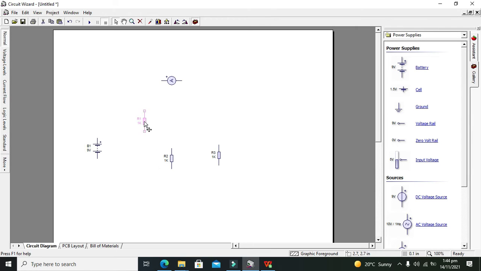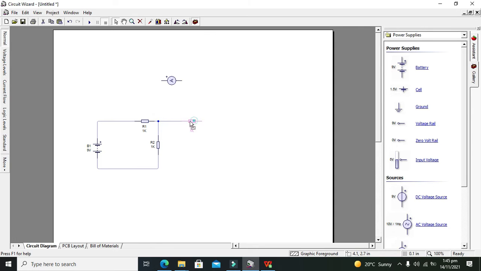Okay, now we will see whether we are able to verify the KCL statements within the circuit wizard or not. So we can see that now this is the fact.